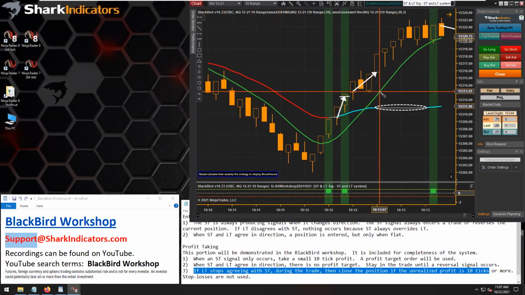Right, so this is definitely what I would call a workaround for rule number 3, right? So if you were to automate this, if you were to write your own custom strategy that adds a profit target and then removes a profit target, you could do that because there's no stop loss.